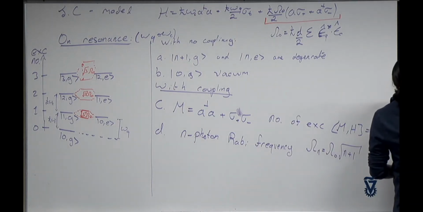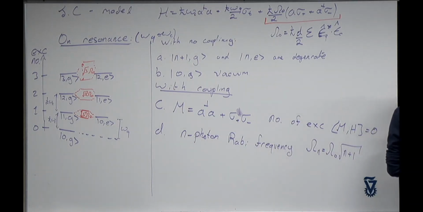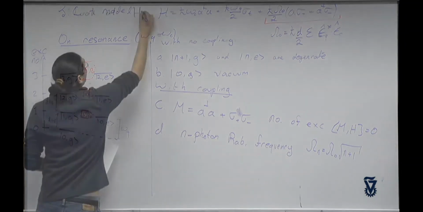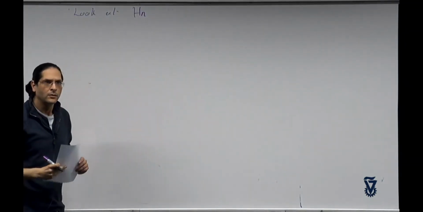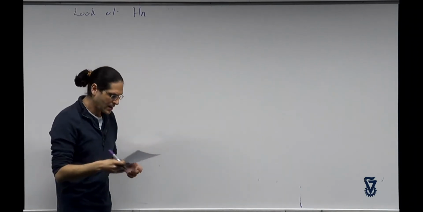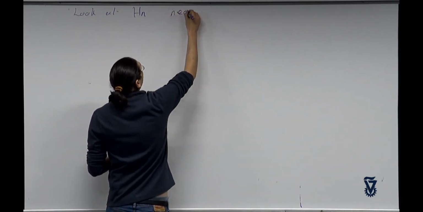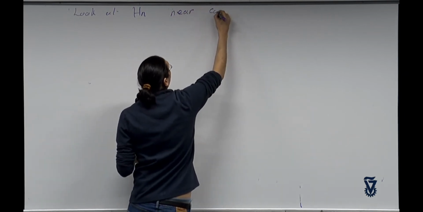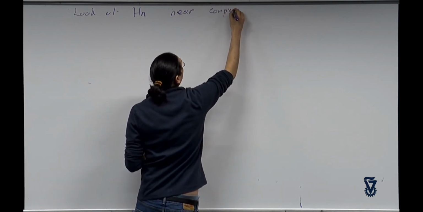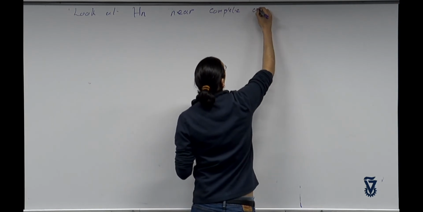So we're going to look at Hn, which is the Hamiltonian for a certain doublet near complete degeneracy.